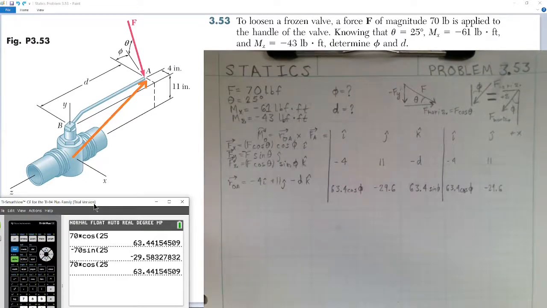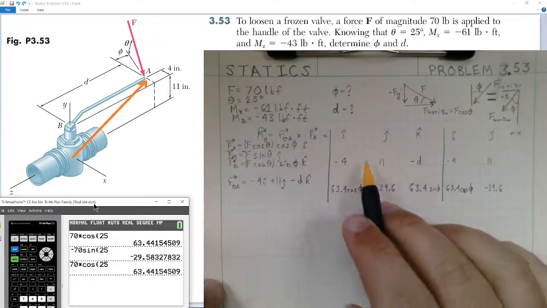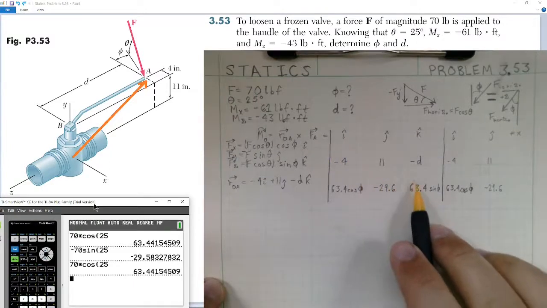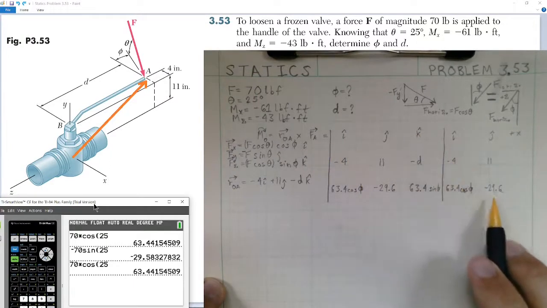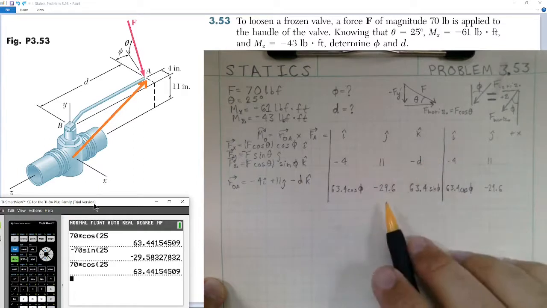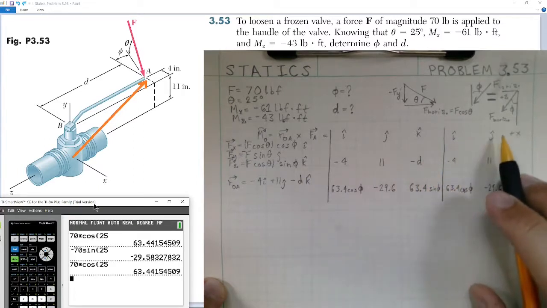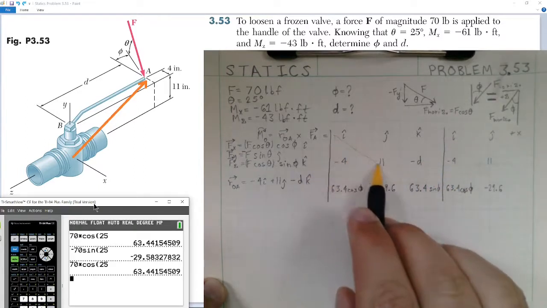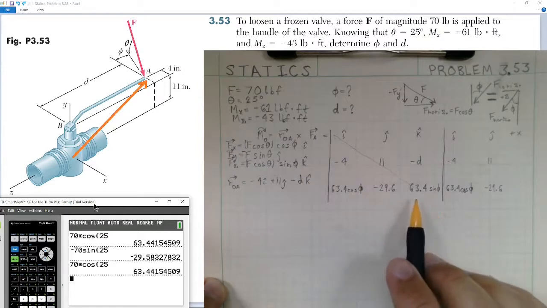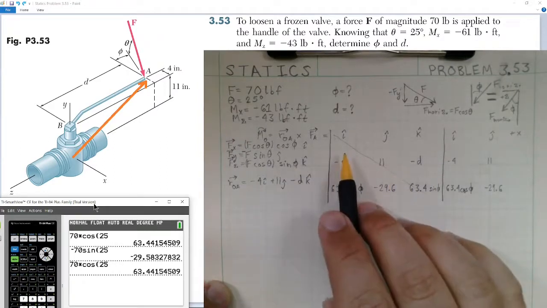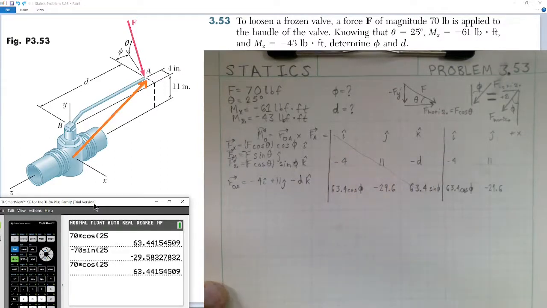Now, to evaluate this determinant, we're going to go down to the right, multiplying, and add these values. We'll then go up to the right for 3 diagonals and subtract these values. So going down to the right, we have 11 times 63.4 sine of phi i hat. So we're going to multiply our answer we just got times 11.